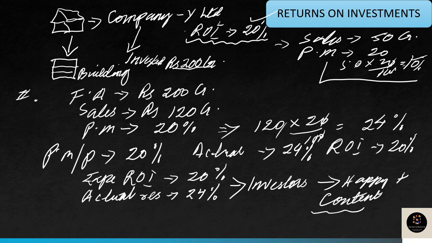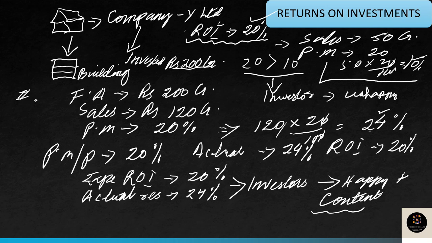So in this situation, the investor will be unhappy. Okay. So here another scenario, fixed 200 crore, sales 120 crore, and profit margin 20%. So here sales into 20% equal to 24%.